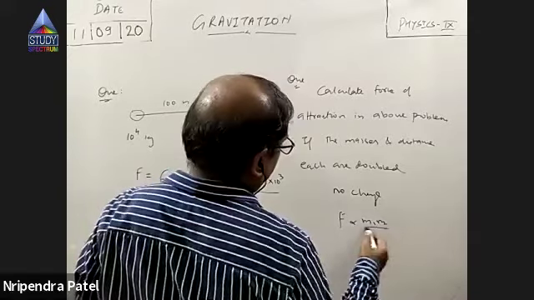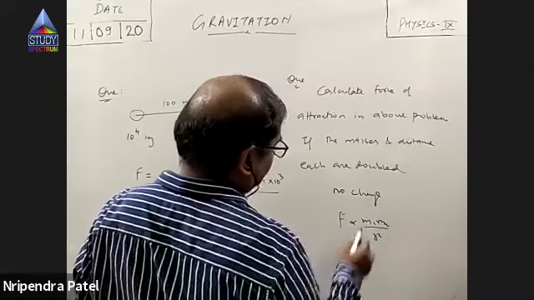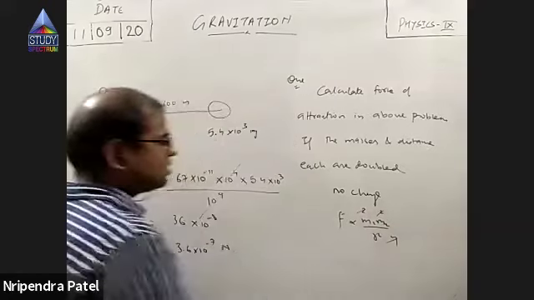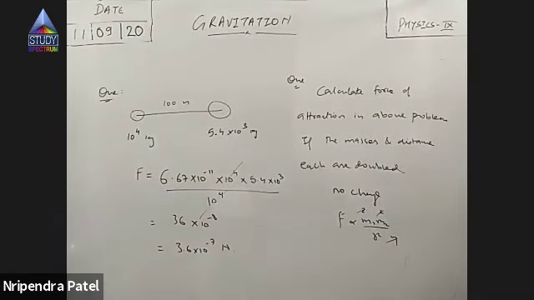F is proportional to m1 m2 and inversely proportional to the square of the distance. This is doubled, this is doubled, this is doubled. It gets cancelled, remains the same. Actually, we're not supposed to calculate only. Masses get doubled, distance gets doubled.